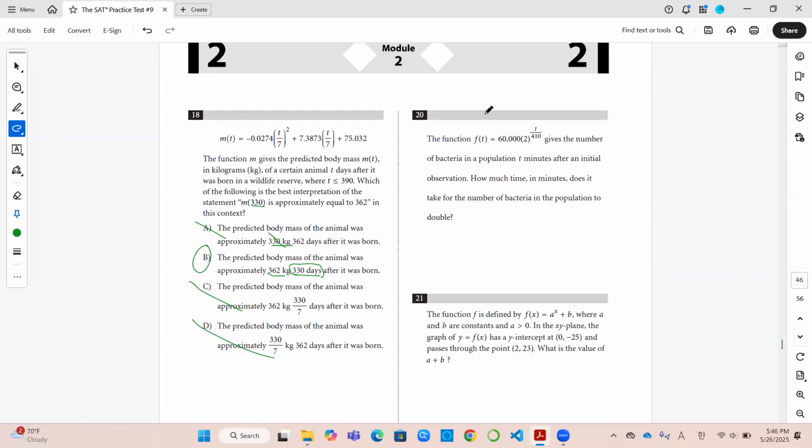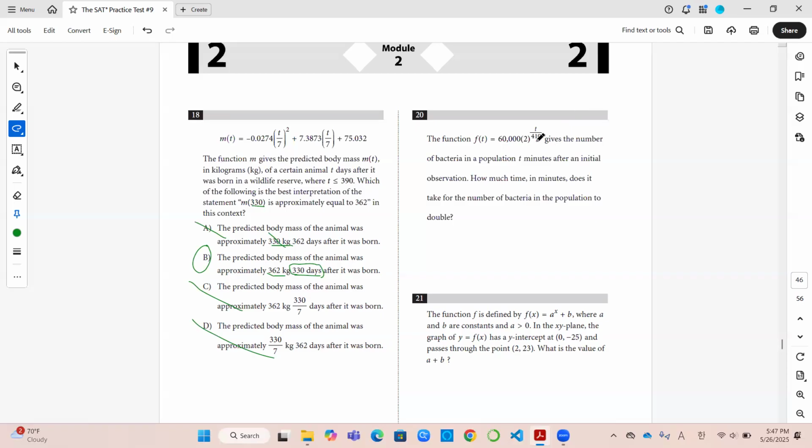The function f of t equals 60,000 times 2 to the power of t over 410 gives the number of bacteria in a population t minutes after an initial observation. How much time in minutes does it take for the number of bacteria in the population to double? There's no need for heavy computation here whatsoever.